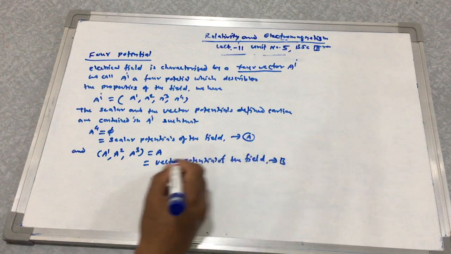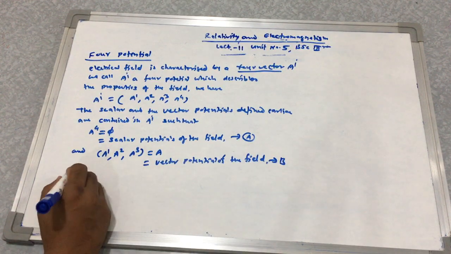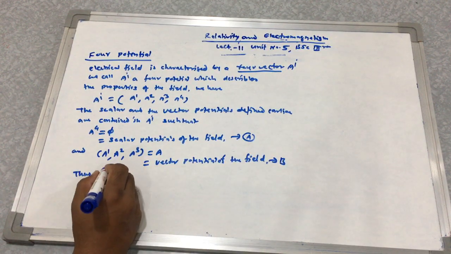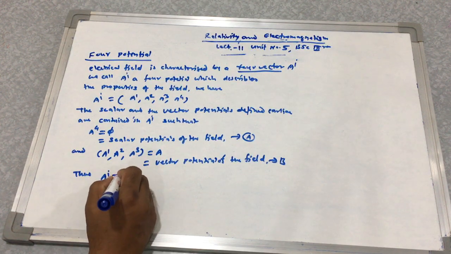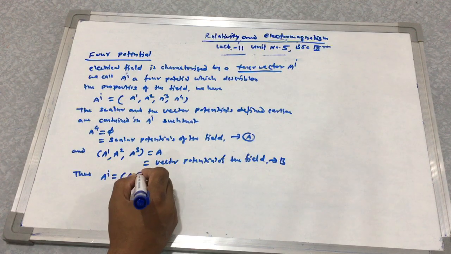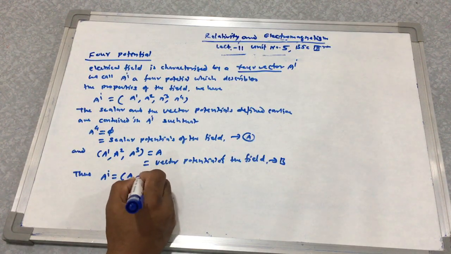This is B. And thus A^i is equal to (A, phi).